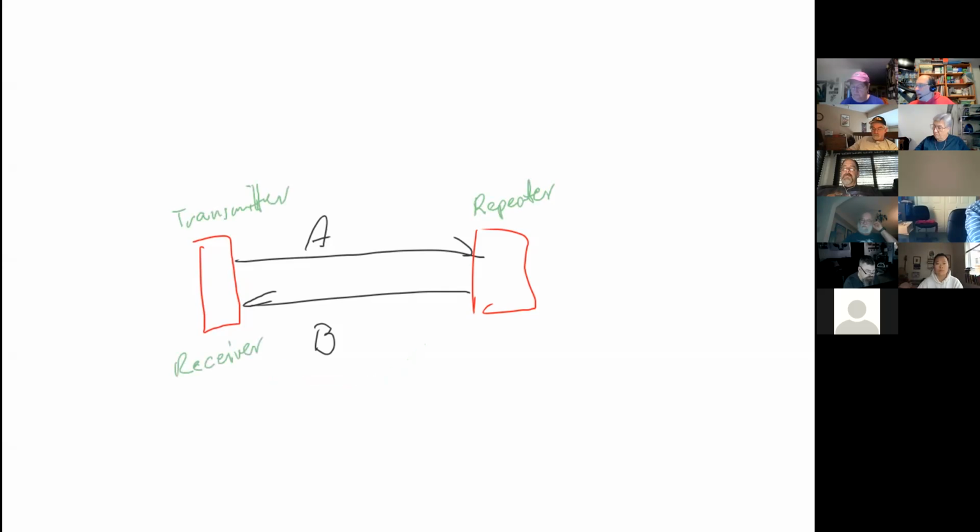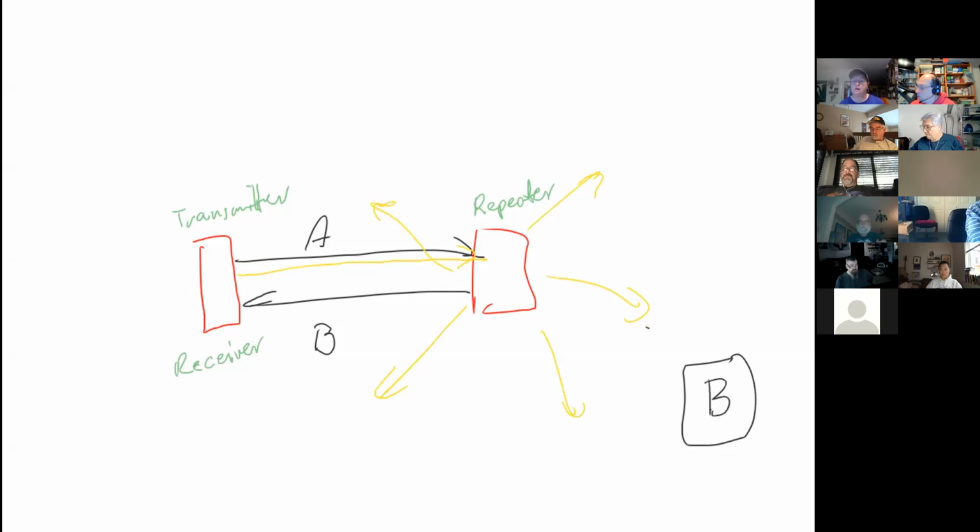So what ends up happening here is that a repeater is a very special device that when a signal comes in on frequency A, the repeater sends it out simultaneously on frequency B. Now, the nice thing about this is that if anybody else is listening on frequency B, they can hear what the repeater is doing.